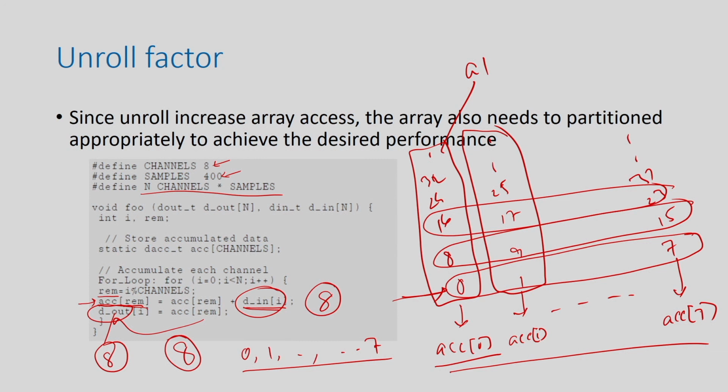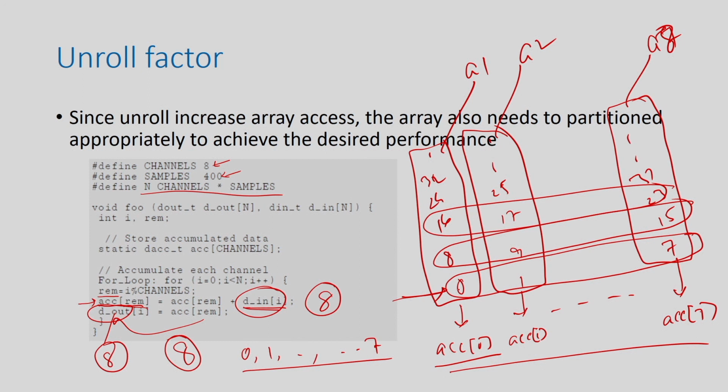Then D in 9, D in 17, D in 25, D in 33, I am going to put in array 2, and so on. So, I am going to partition the array into 8 arrays, and it is important that it is a cyclic manner. I am going to partition such that 0 goes to partition 1, 1 goes to partition 2, 2 goes to partition 3 and so on. This is how I am going to partition in a cyclic way.